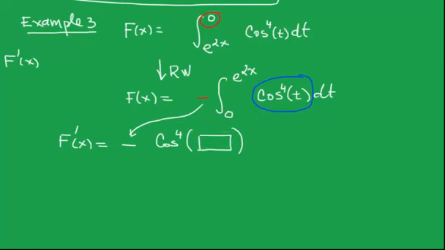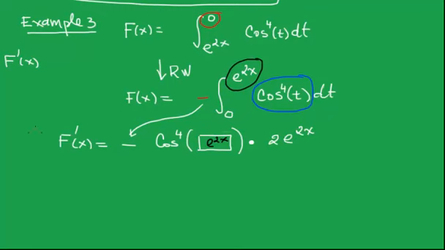What do we put into the box? The upper limit, which is e to the 2x. But once again, we realize that the upper limit, e to the 2x, is not just x. So we have to multiply by the derivative of that upper limit. Now, what's the derivative of e to the 2x? It's 2e to the 2x.